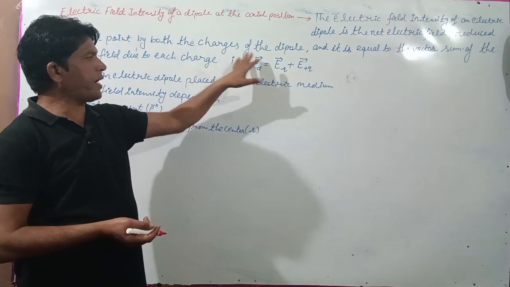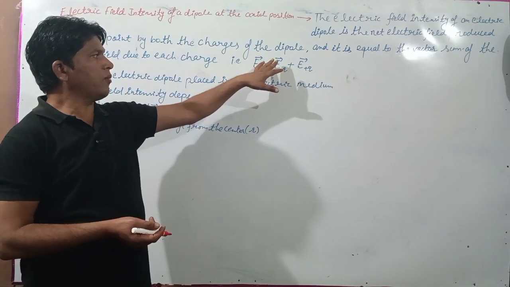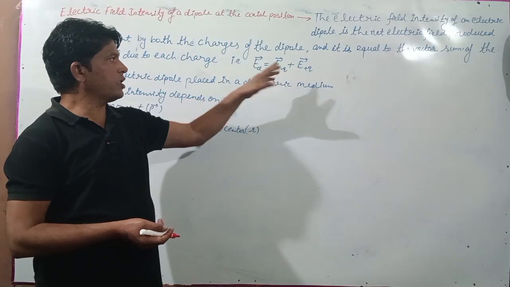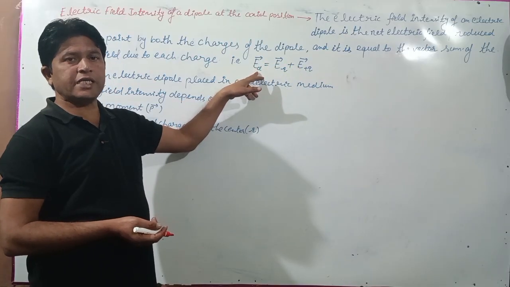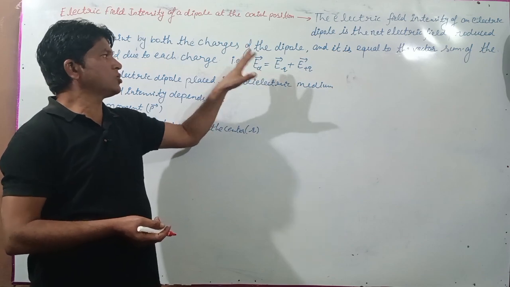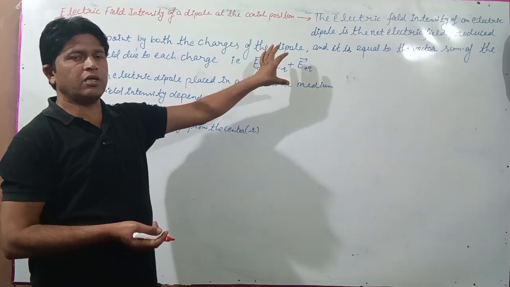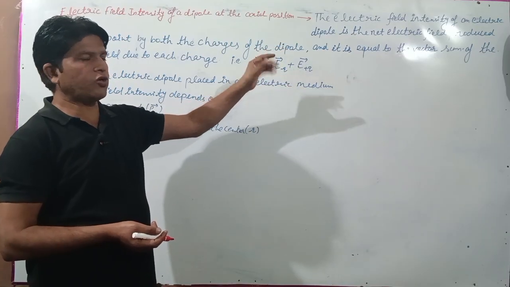That is, vector E_D is equal to vector E_(-Q) plus vector E_(+Q). Here D represents dipole.